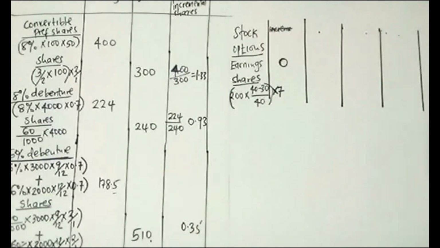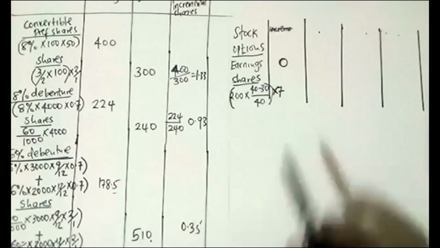So what are you getting? 40 minus 30, 10 divided by 40 times 200 times 7 over 12.